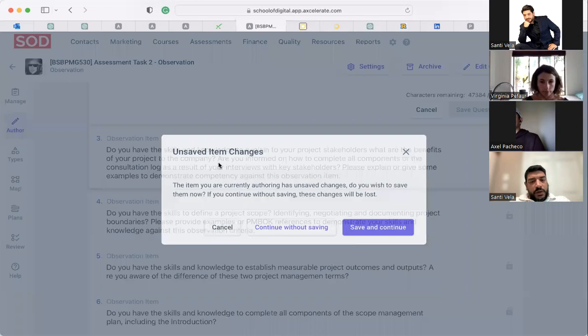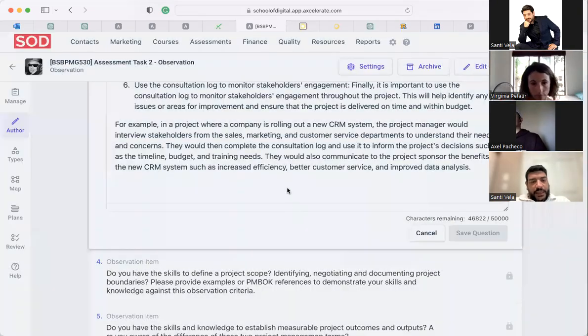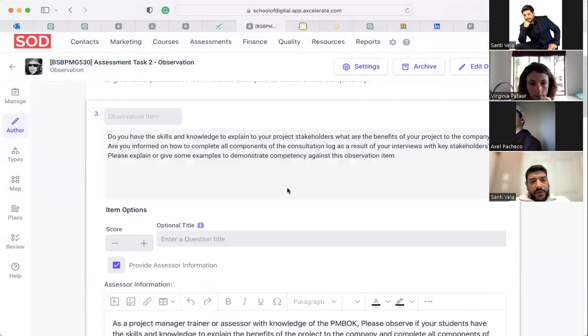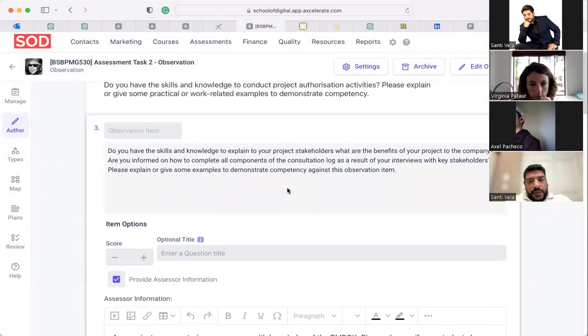All right, let's go to item number 3. In item number 3, you need to be very good at explaining to your project stakeholders what the benefits of your project are to the company.